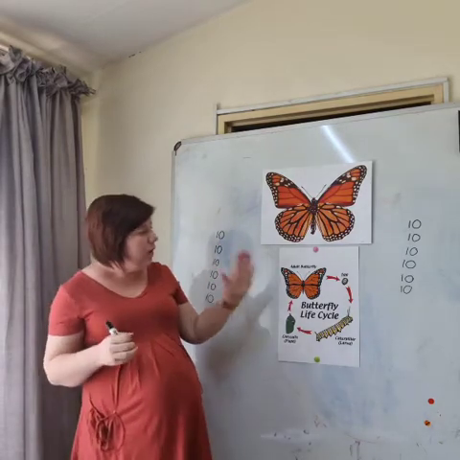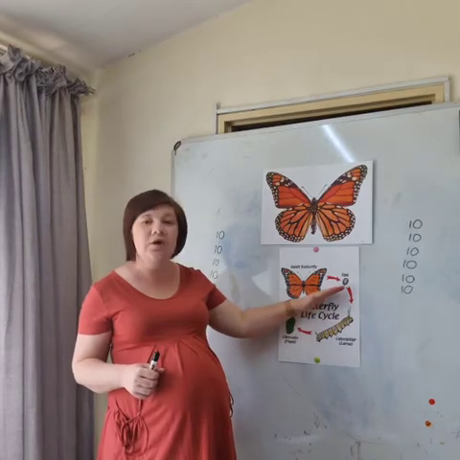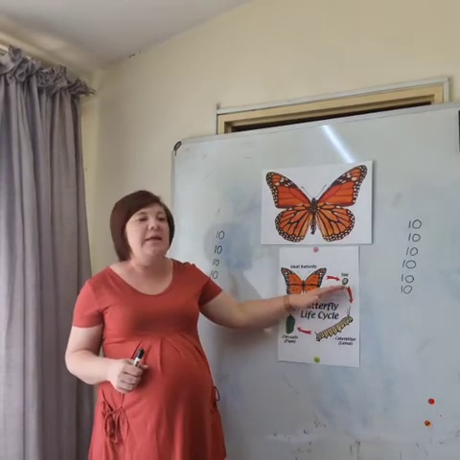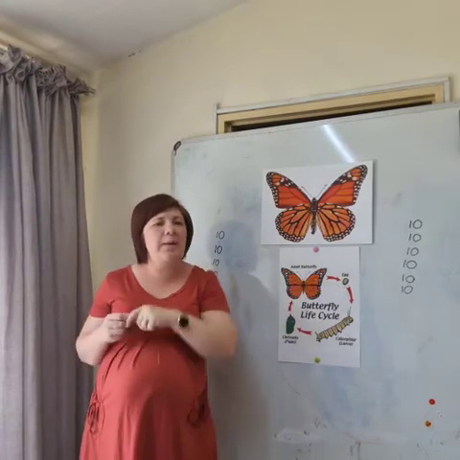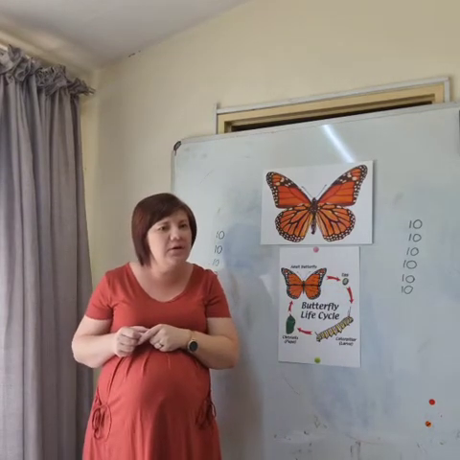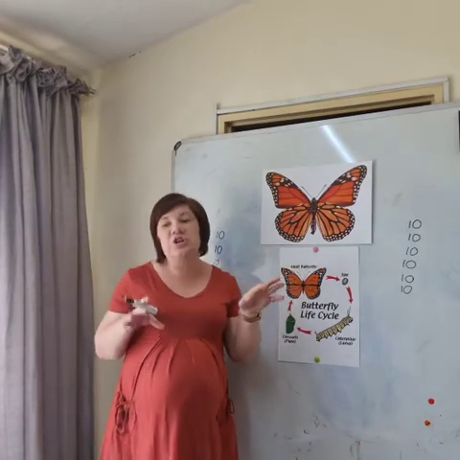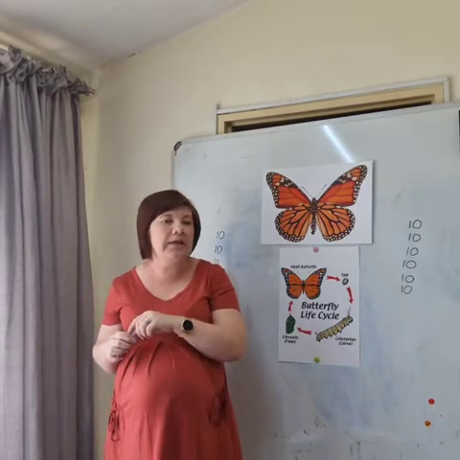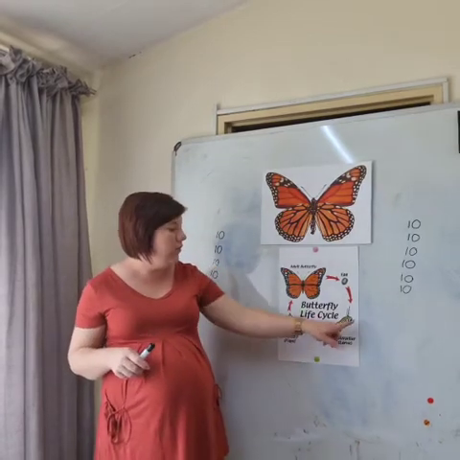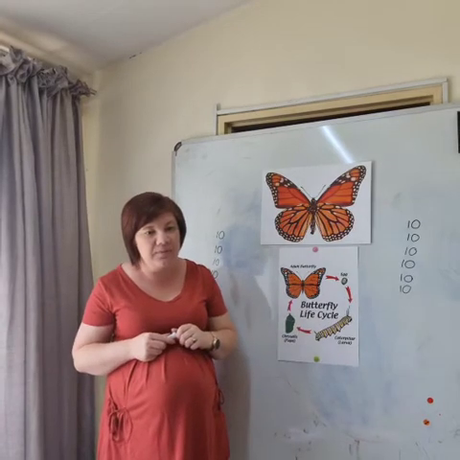So quickly tell me, what is the first stage that we get in the life cycle of a butterfly? Yes, we call it the egg stage. And John, what happens in the egg stage? Yes, that is where the mommy butterfly comes and she lays her eggs on the leaf. And Mike, can you tell me, what do we call the second stage of the life cycle?